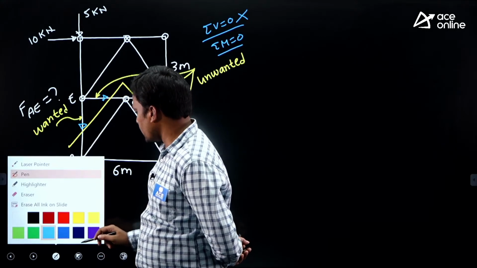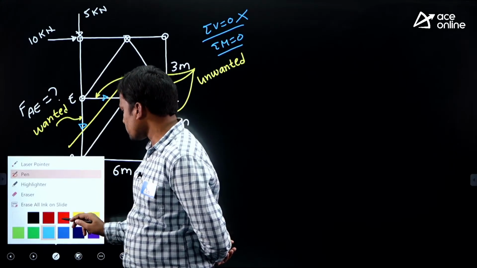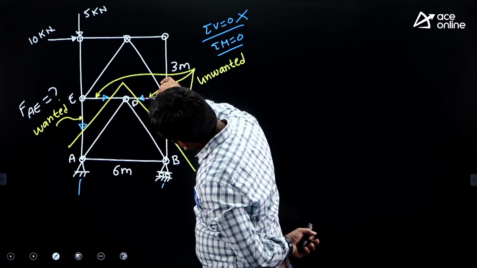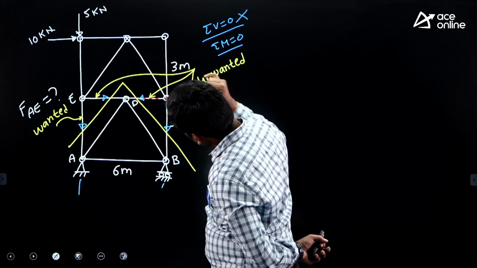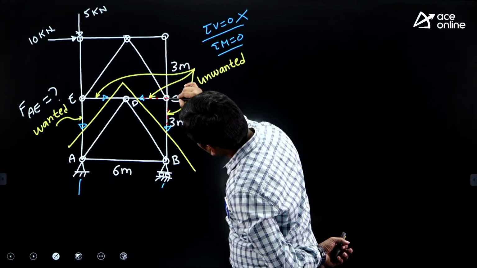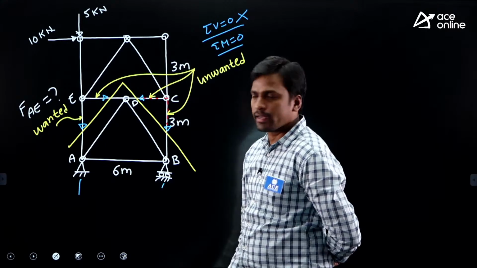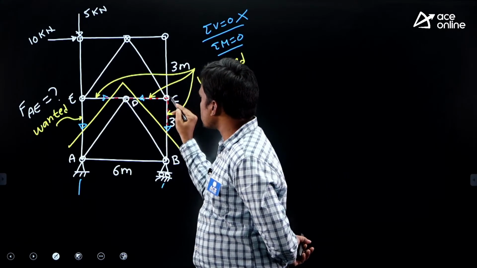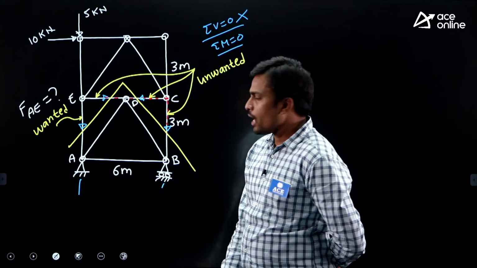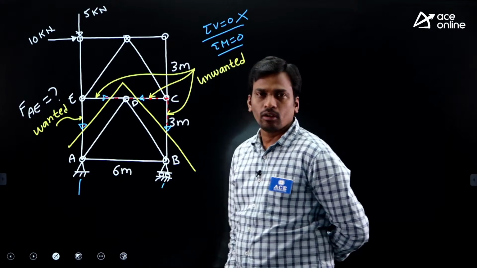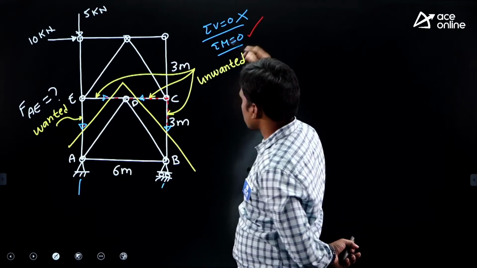Right, look at here. Line of action of this unwanted member meets at joint C, this one also meets at joint C, and this one also meets at joint C. And the line of action of this wanted member, is it meeting at joint C? No. Then sigma M is possible.